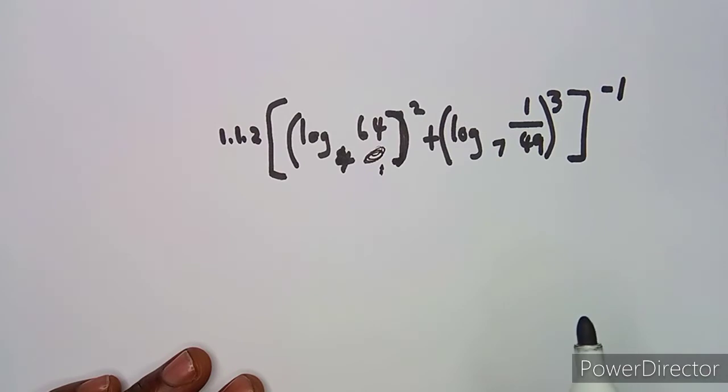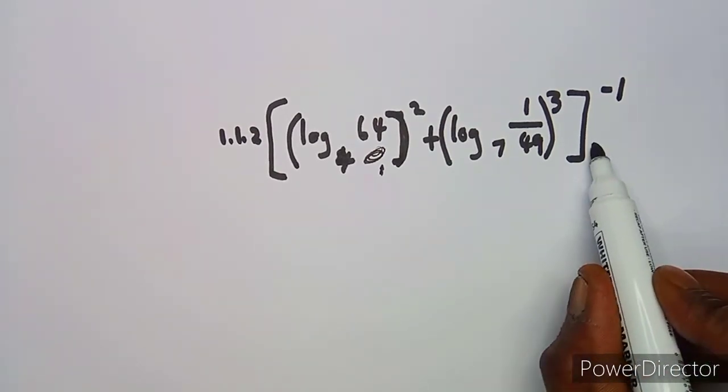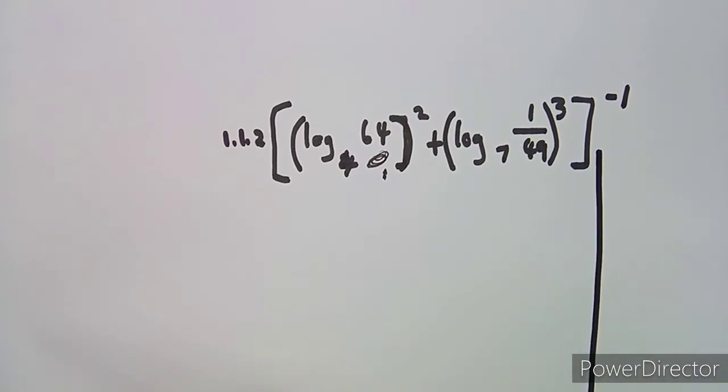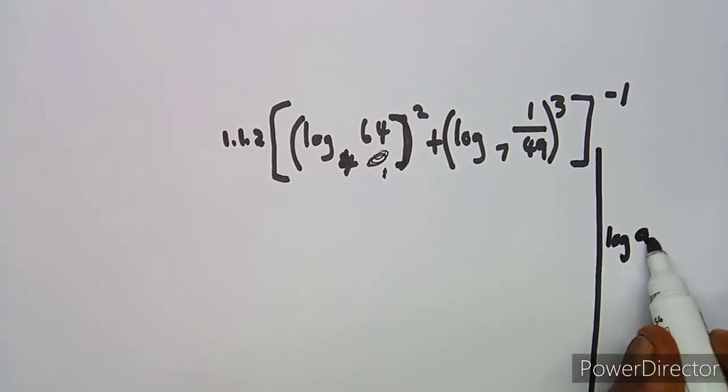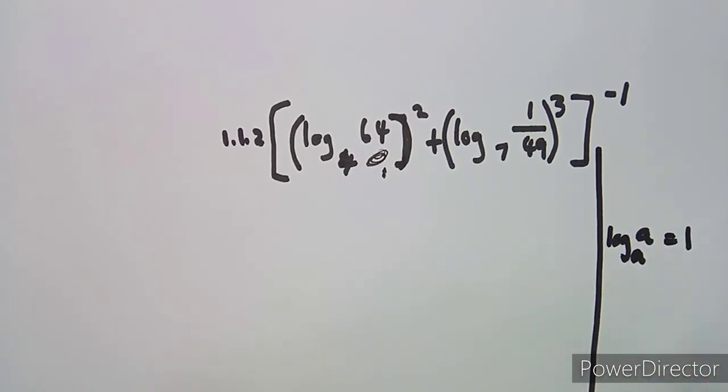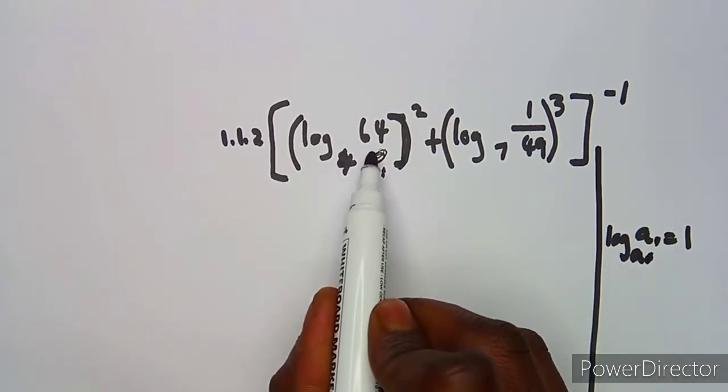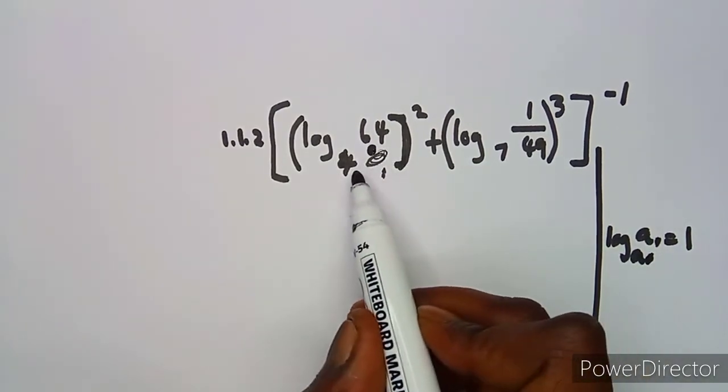I always talk about writing the logarithm of a number in the base of that number, because we know that it gives us a 1. So it can only be a matter of these two numbers being the same, that's 64 and 4.